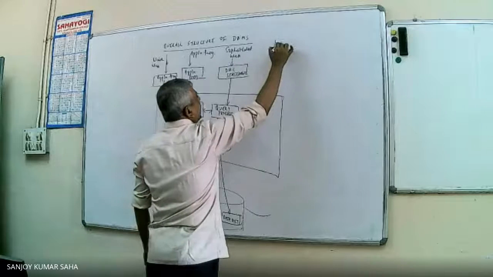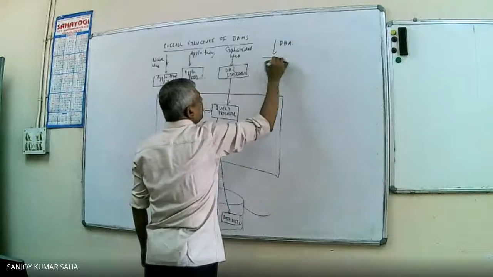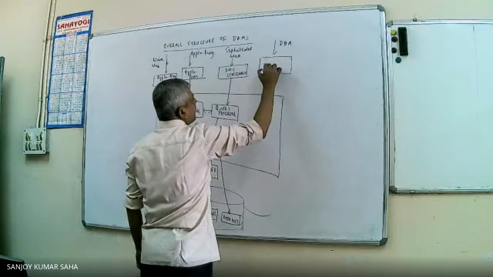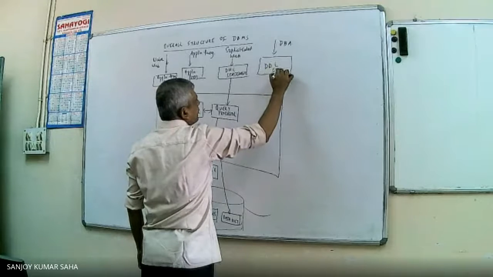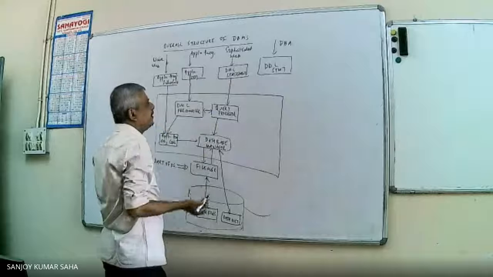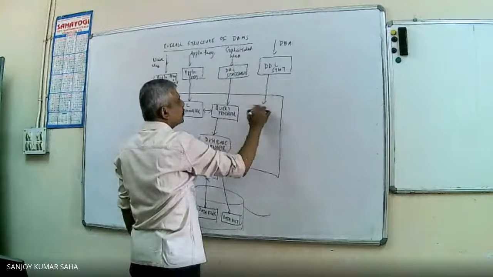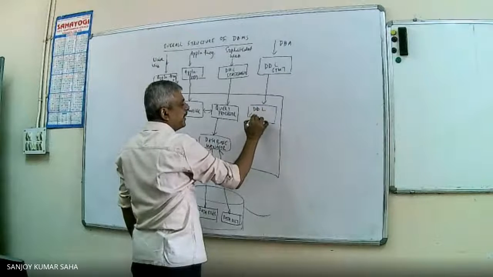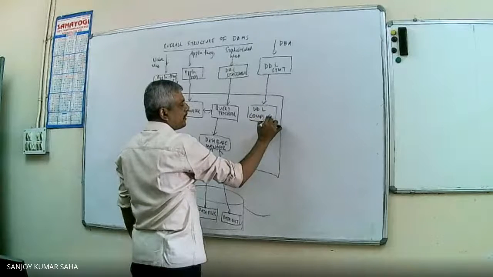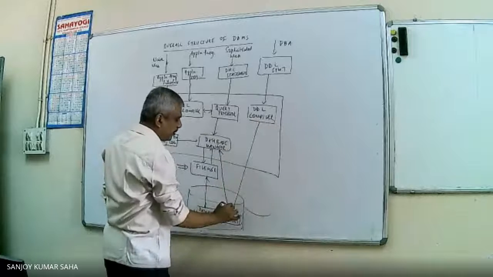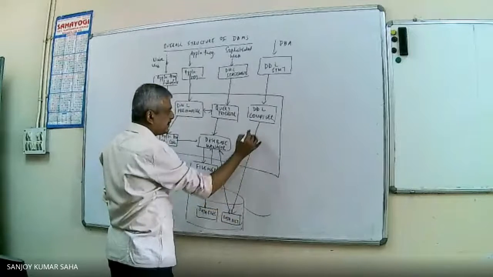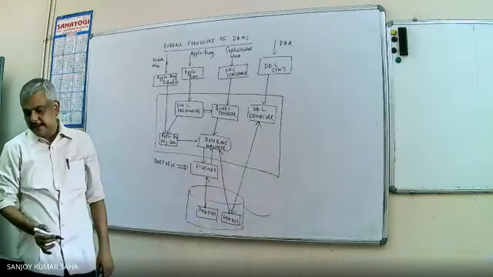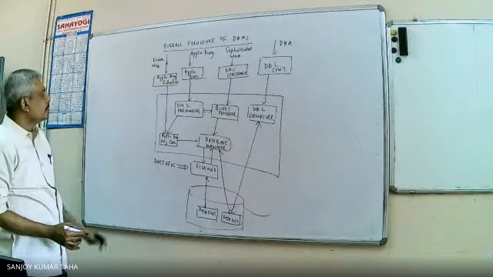The DBA, mostly when playing the role of DBA, submits the DDL statements, all those schema related things, that goes to the DDL compiler. The DDL compiler will have interaction with the data dictionary. So that is the overall.